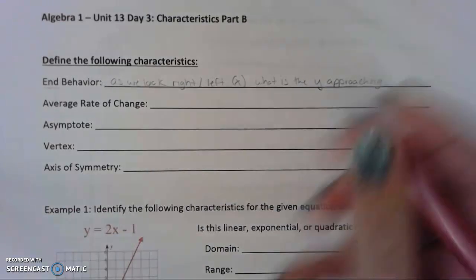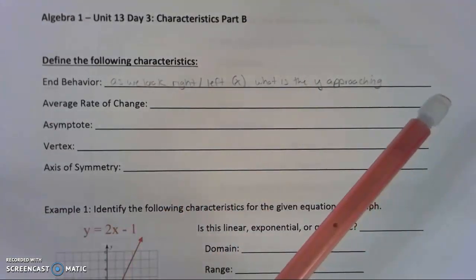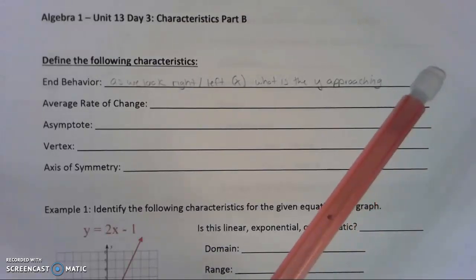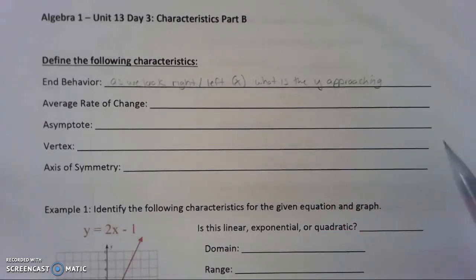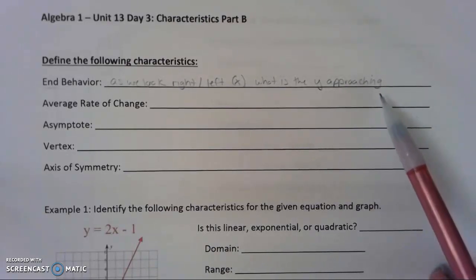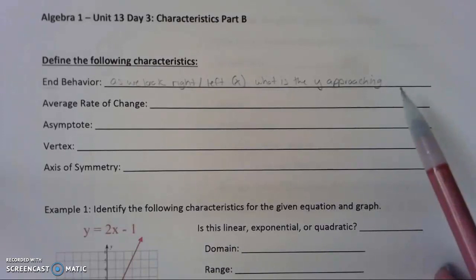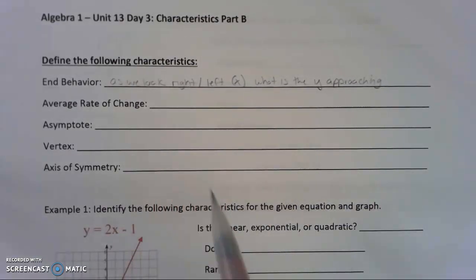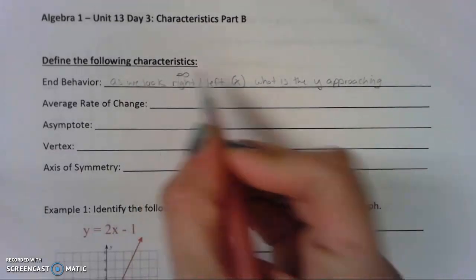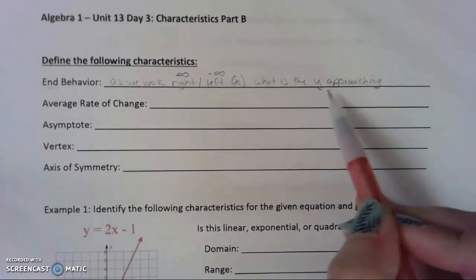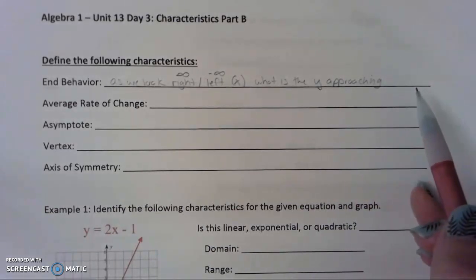So I'm saying as I look to the right, what is my y value approaching? Are those y values continually getting larger and larger towards infinity? Are they getting smaller and smaller towards negative infinity? Are they actually approaching a number? So that's what we're going to see. As we look right or left, so towards positive infinity or towards negative infinity, we're going to be saying what the y value approaches.